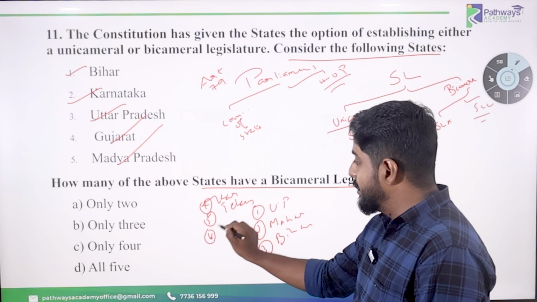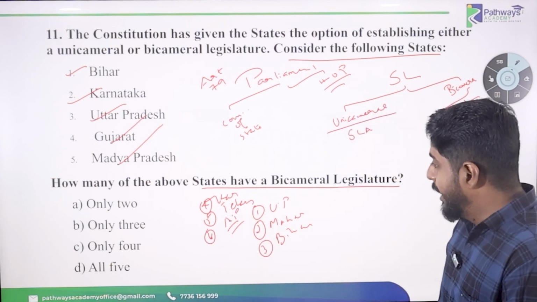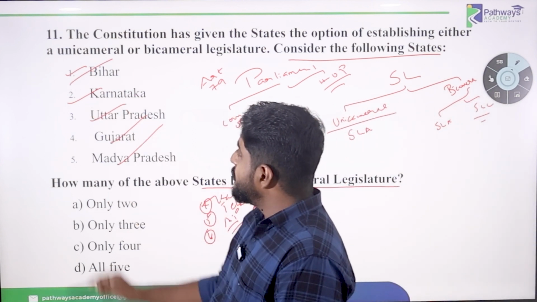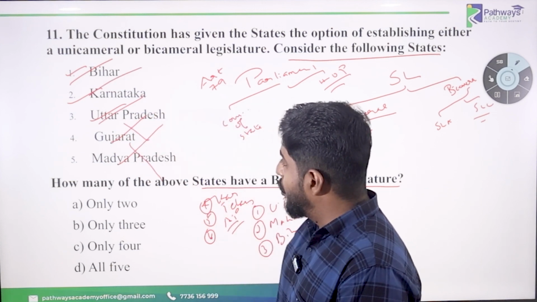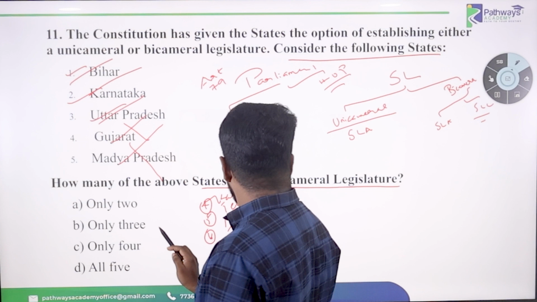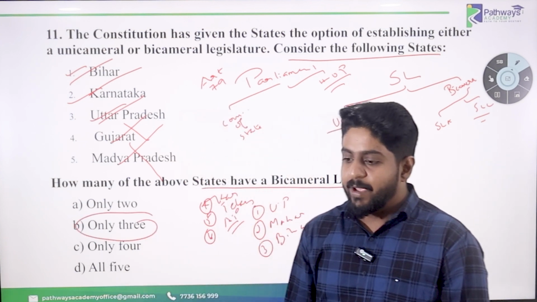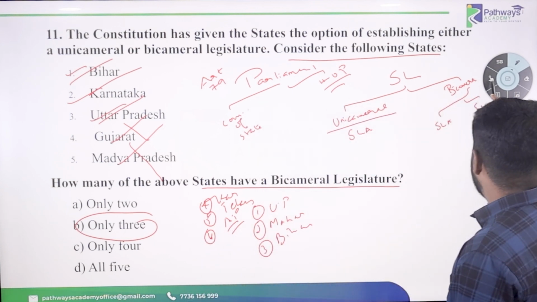And the 6th one is Andhra Pradesh. It's not Arunachal Pradesh, it's Andhra Pradesh. Now, how many? Bihar, UP, Karnataka, yes. Gujarat? No. Madhya Pradesh? No. So the answer for this question is only 3, that is option B. So the 11th question has the answer as option B.